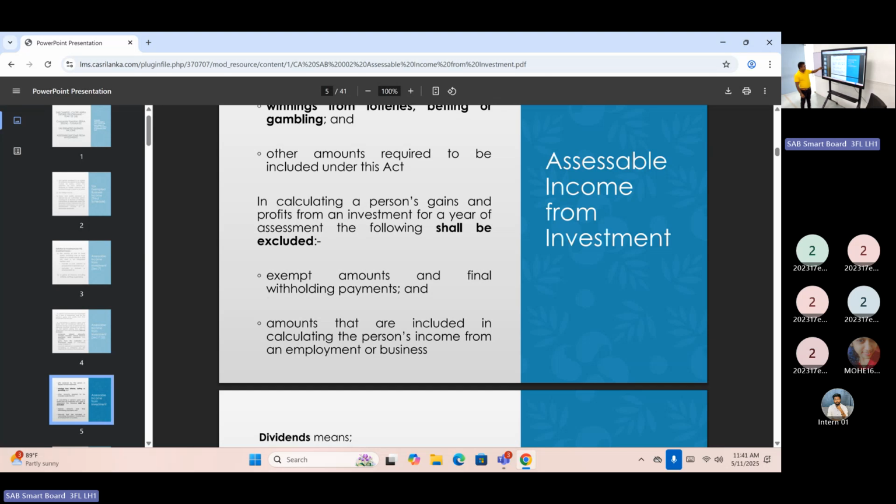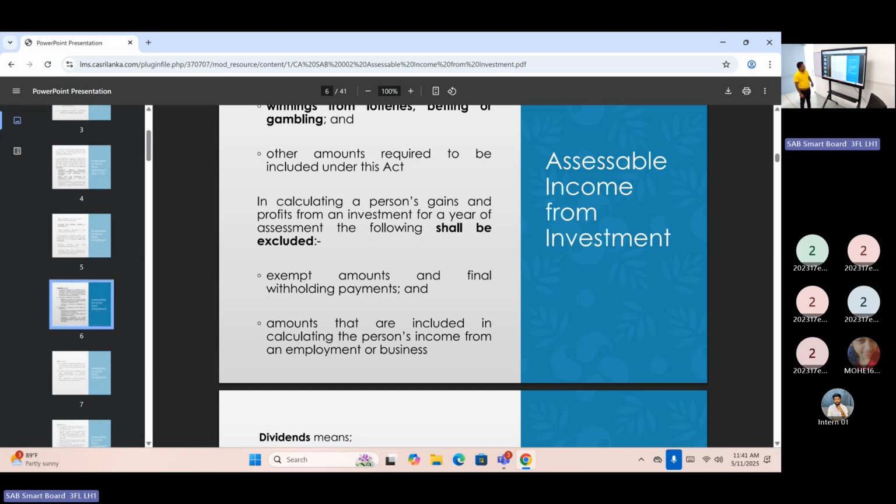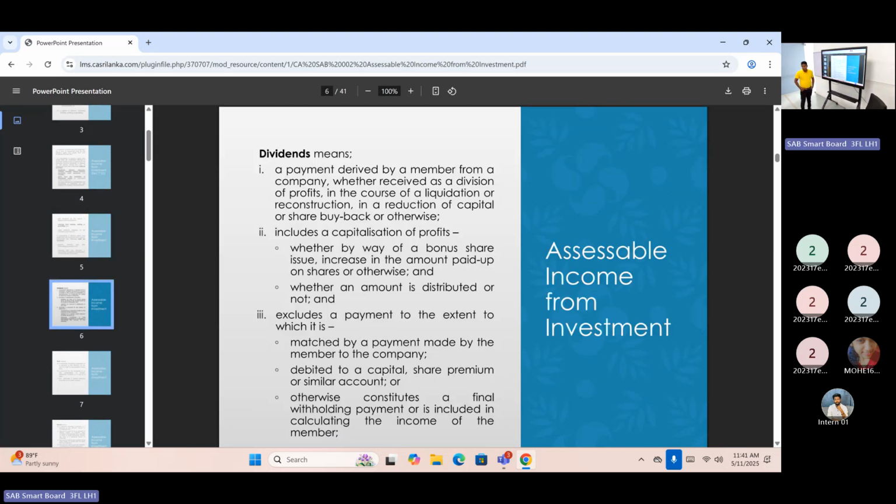Thereafter they are telling, okay, what is dividend? Dividend means a payment derived by a member from a company, received as a division of profit, in the course of a liquidation or reconstruction, in a reduction of capital or share buyback or otherwise.